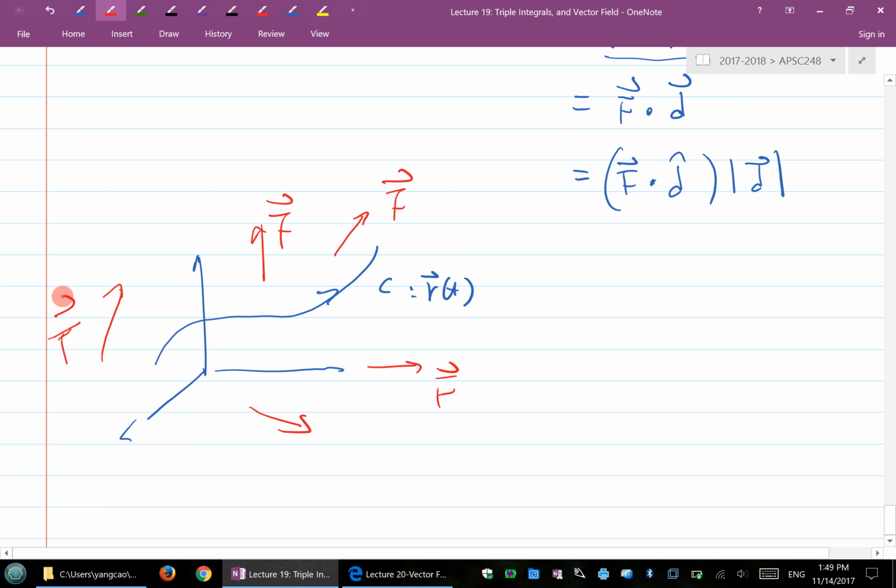Consider that this vector field is a force field. If you're going to push an object through this curve C using this force field, what's the total work? What will be the total work done by this force field? And that's what we're going to tackle in the next lecture.